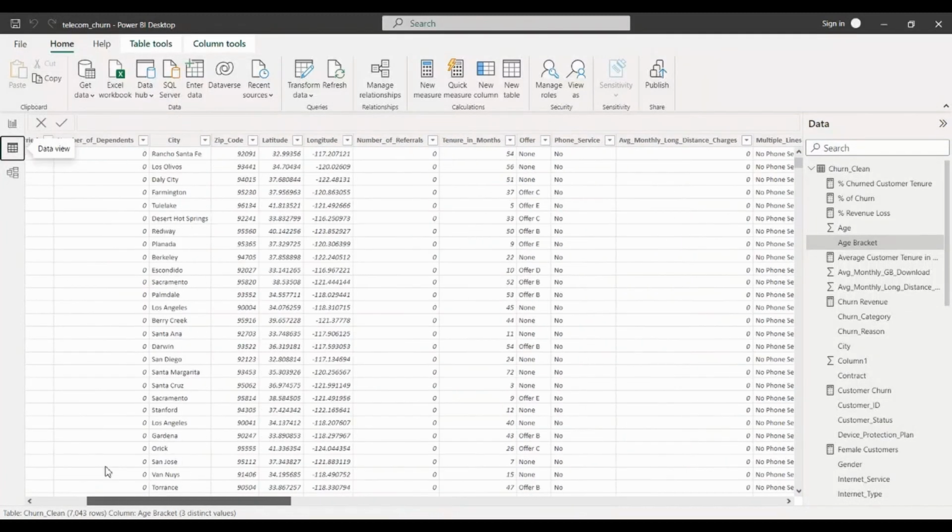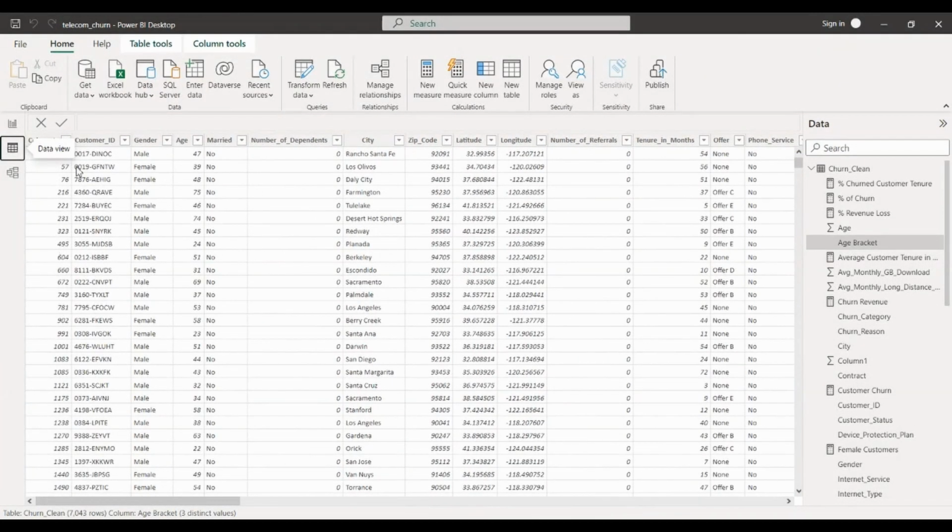So we start with the data. First we have customer ID, a unique ID that is basically the identity of each customer.